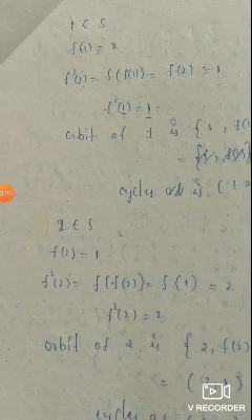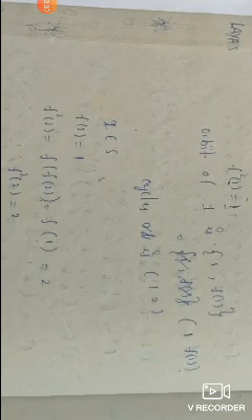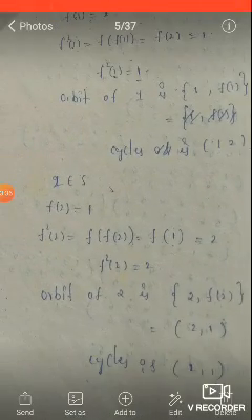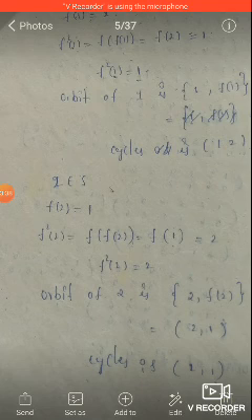Now we go to the second element, 2 belongs to S. f(2) is equal to 1. f square of 2 is f(f(2)), f(2) is 1, f(1) is 2, so f square of 2 is equal to 2.